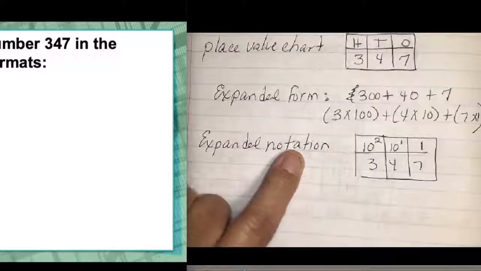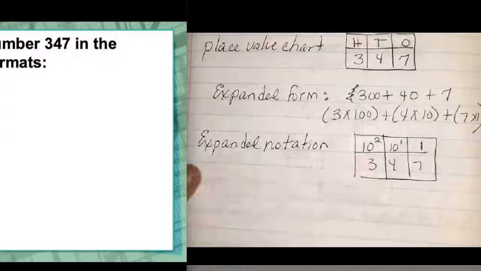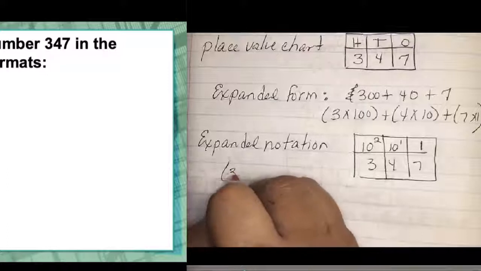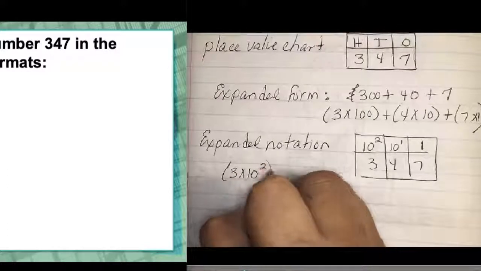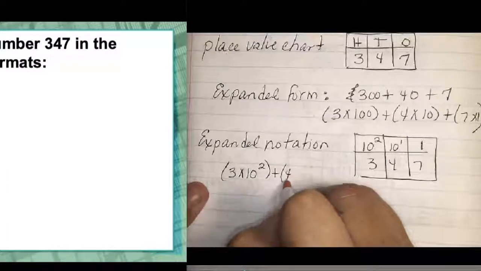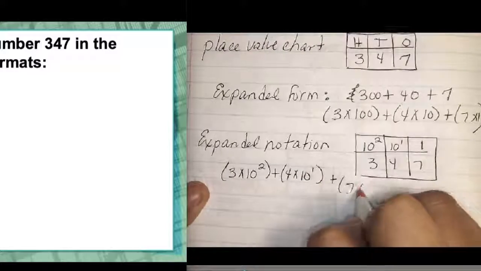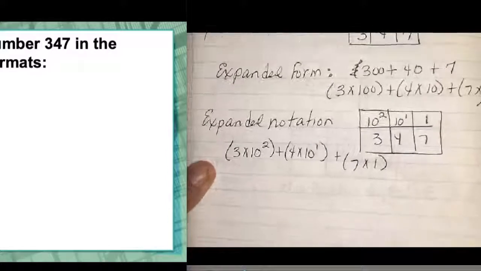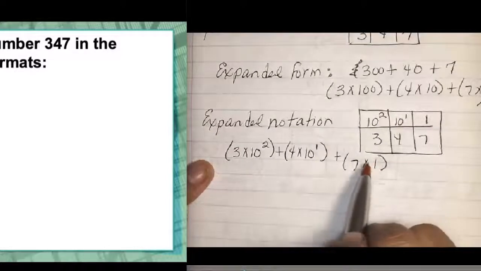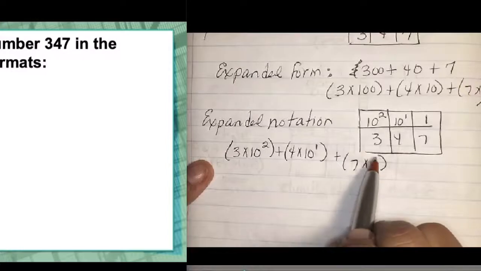Okay, so expanded notation uses exponents. So that is going to be 3 times 10 to the second power plus 4 times 10 to the first power plus 7 times 1. And again, in some textbooks, they'll put 10 to the 0 power here, and that's okay.